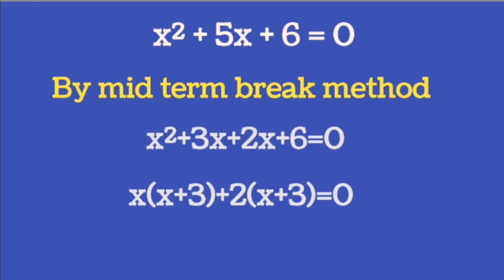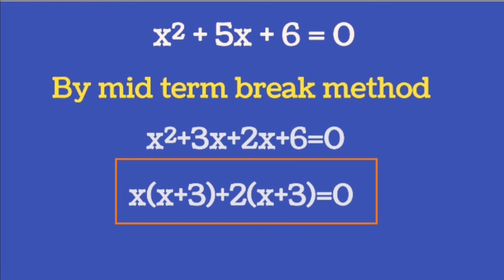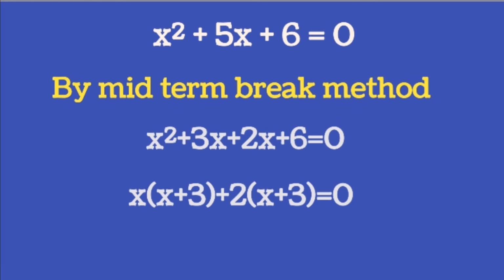Now there are two terms. One is x into x plus 3 and second one is 2 into x plus 3. Now we have to take common from these two terms. We see that x plus 3 is a common factor in this equation.